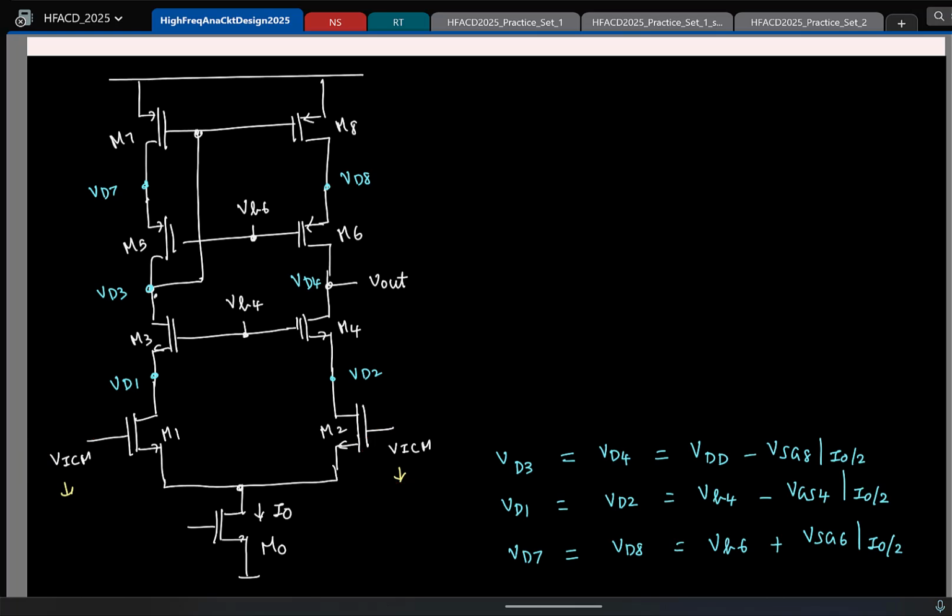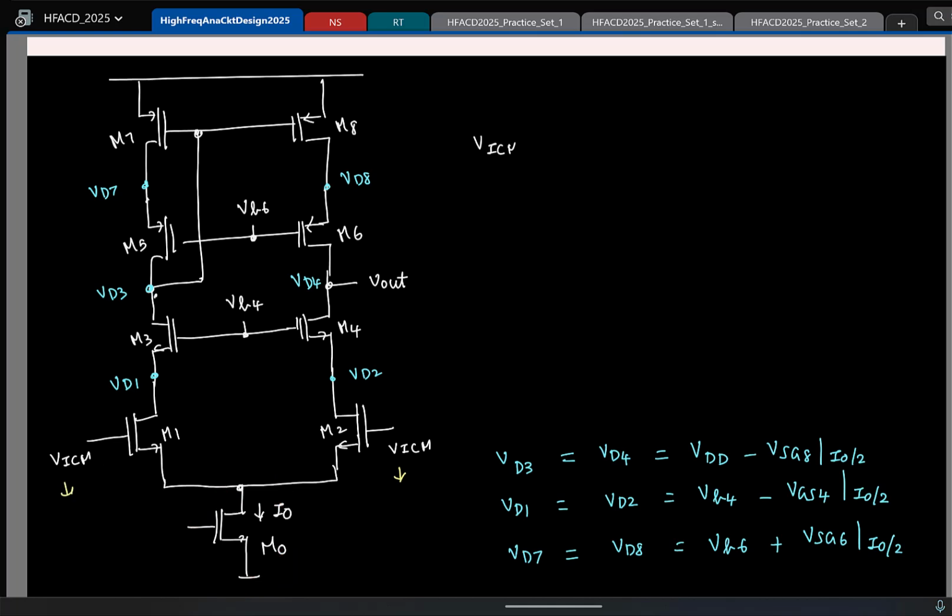M0. This is same thing as we saw for the 5 transistor OTA, because VGS is fixed, because the current is fixed. Current is I0 by 2 because on both sides the gate voltage is same. Again, as long as we provide symmetric excitations, things are symmetric. So current is fixed, which means the gate to source voltage is fixed. So if you reduce it, this fellow reduces, taking M0 out of saturation.